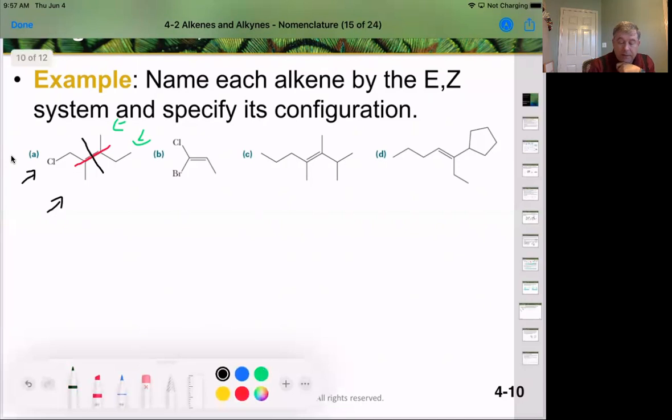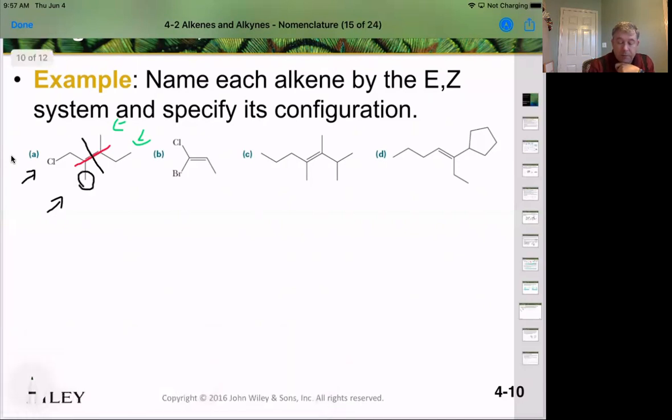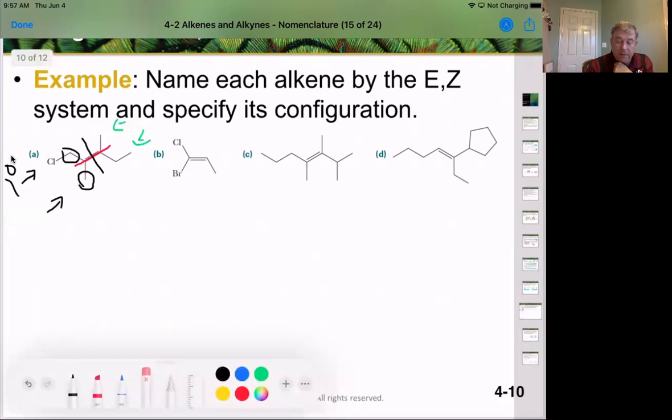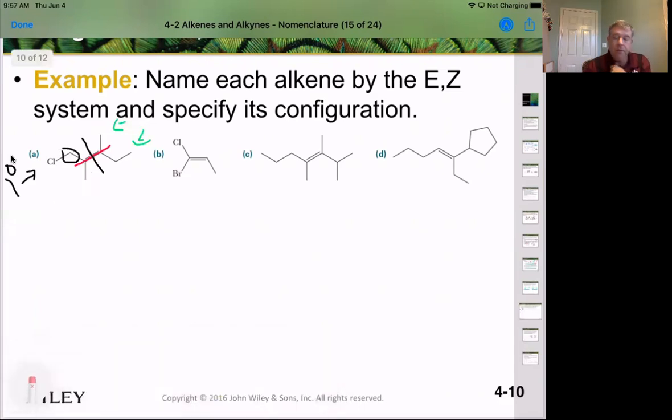If we look at this side here, we have a carbon with three hydrogens on it, and a carbon with a chlorine on it, okay? The carbons are the same, so we have to go one more atom over, and now we're comparing chlorine to hydrogen. Chlorine has a higher atomic number, therefore this is the highest priority, and we don't care about that other substituent anymore.